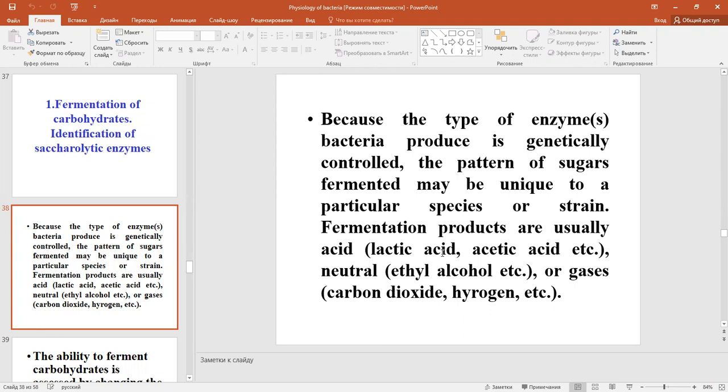So acid products are developed due to carbohydrate destruction, and sometimes acid products and gases, carbon dioxide, hydrogen. It depends, and it's important for every species for identification of bacteria.